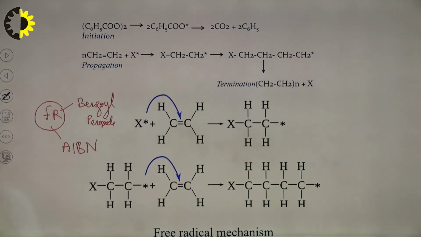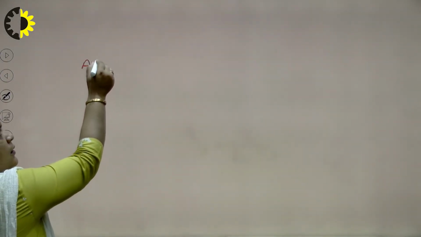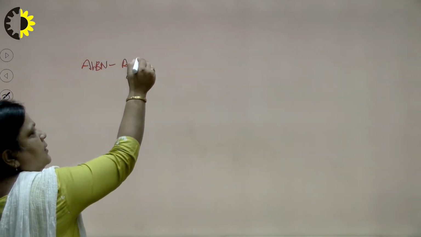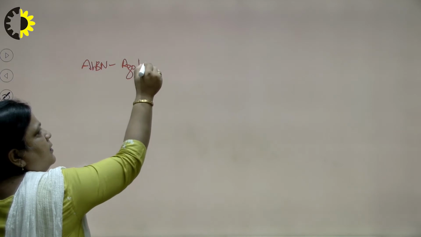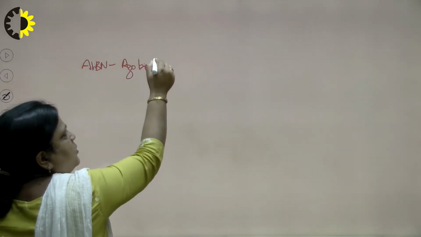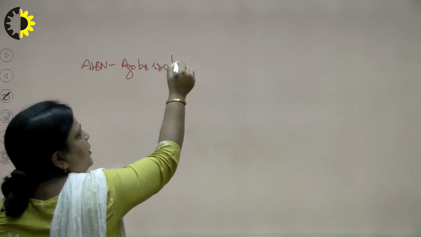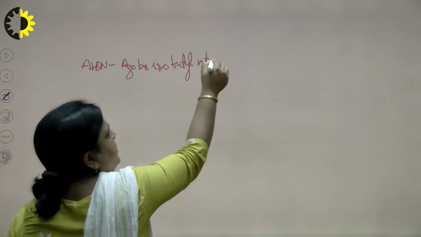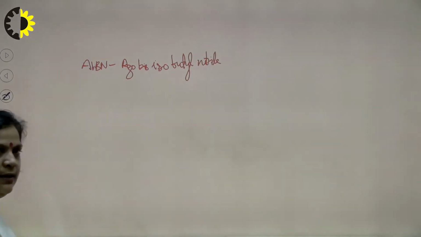Now, the first point is what is AIBN? AIBN is azo, bis, I is iso, B is butyl, N is nitrile. It is a type of dye.